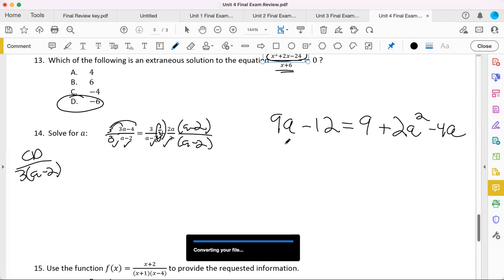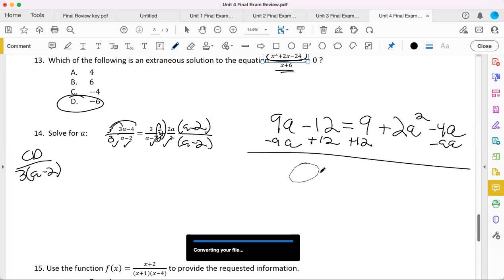So then just combine like terms. I would personally move the 9a over and move the 12 over. It's now equal to 0, which is a good sign that you're going to be able to factor shortly. So minus 13a, this is plus 21. So now factor this, factors of 42 that add up to -13. It's -6, -7. So factor this with grouping.